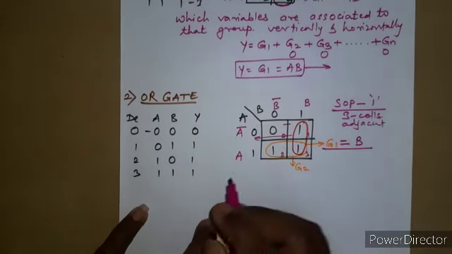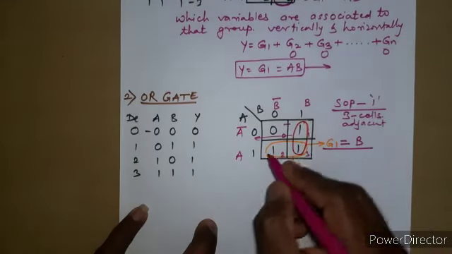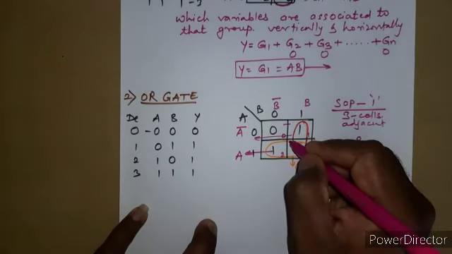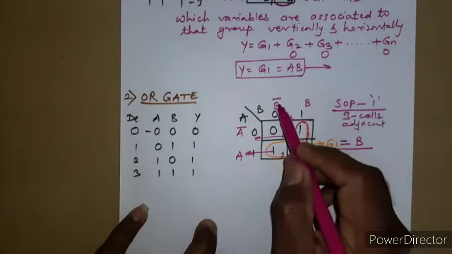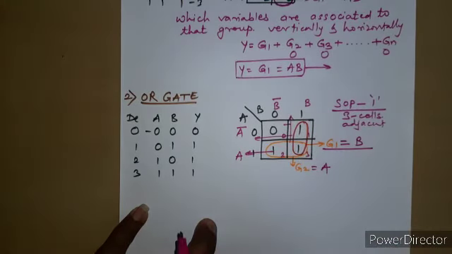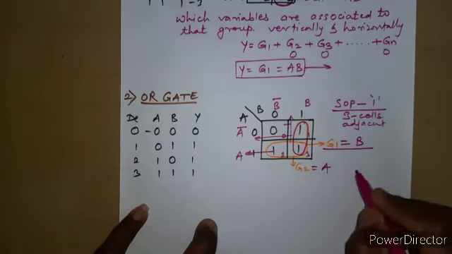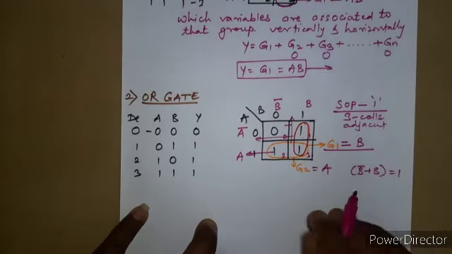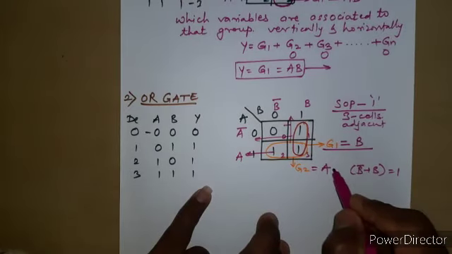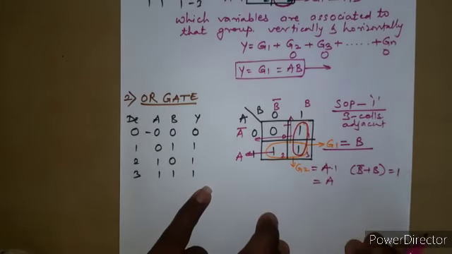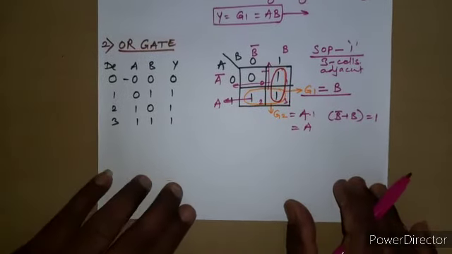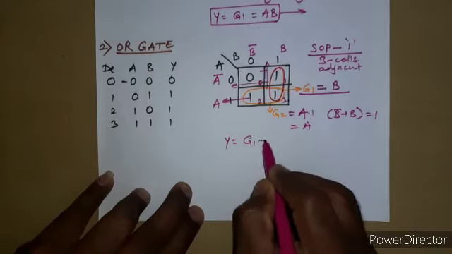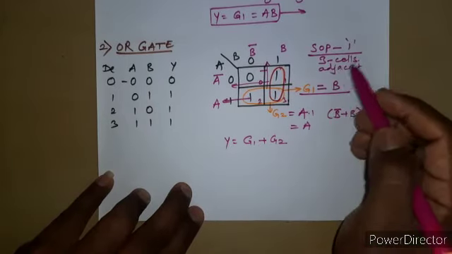So this becomes only B. Group 1, G1, becomes B. Now what is G2? If you go horizontally, then it is A, right? And this way, it is B bar, B, meaning it is to be eliminated, right? Because B bar plus B is equal to 1, and A dot 1 is equal to A. Okay, so as I said, Y equal to G1 plus G2, since it is SOP.